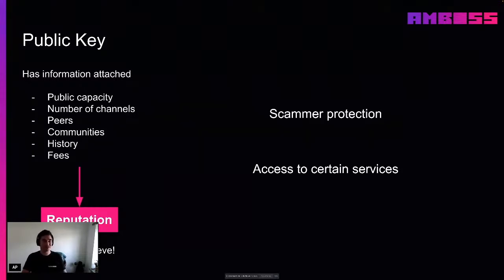So this is all information that is attached to this public key, which makes it very cool to have this signature method. Of course, there are pros and cons of using the LNURL-auth compared to just a normal signature, and it has different use cases for each one, right?